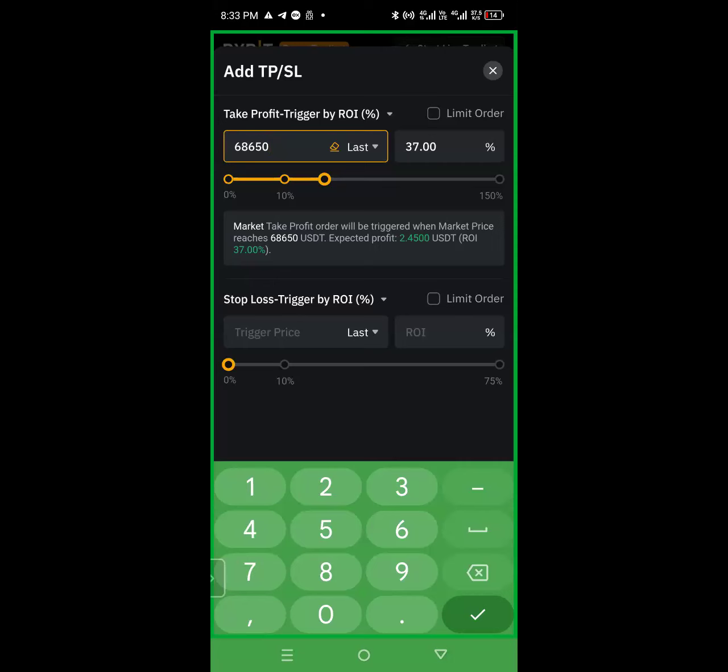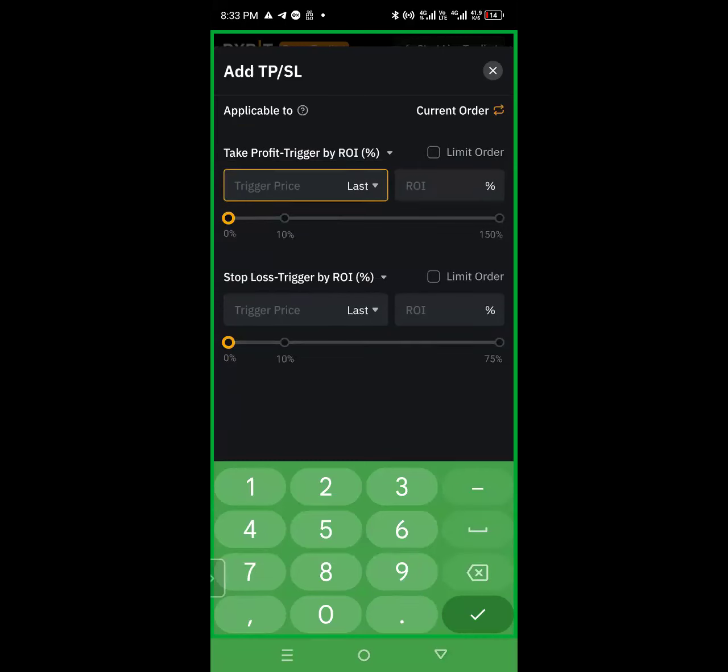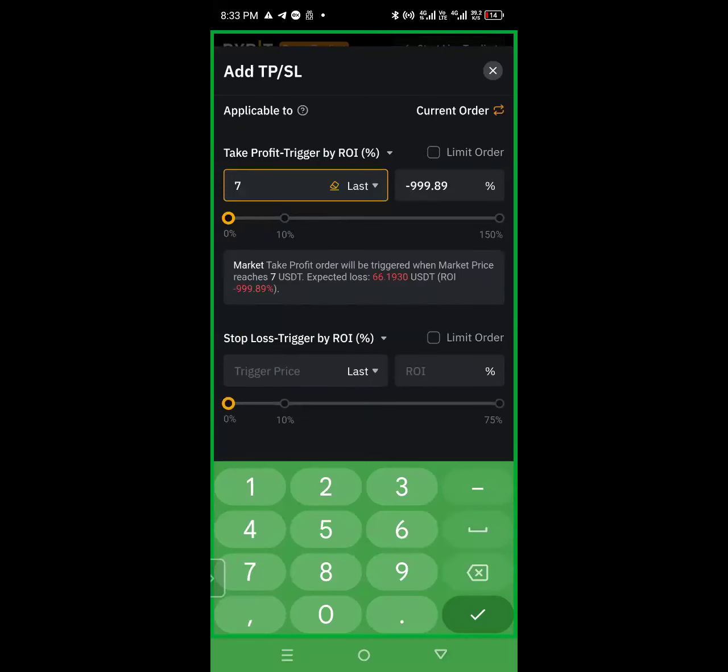If I change this TP now to TP2, let's take note of the expected profit. I'm changing now to TP2. TP2 is 70,000.